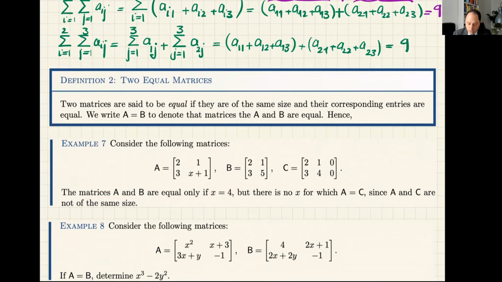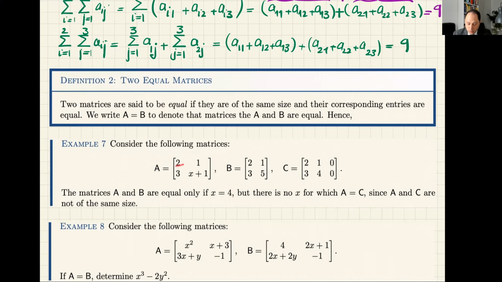Yes? I am asking you, is it possible that this matrix becomes equal to this matrix? First, you say that yes, because this is a 2 by 2 matrix and that is also a 2 by 2 matrix. So from an order perspective, they have the same size. But this is not enough.